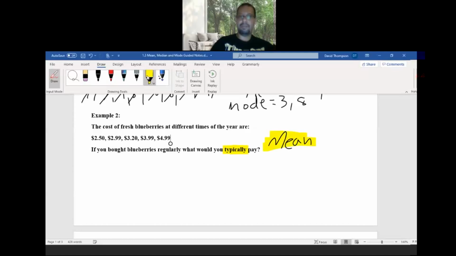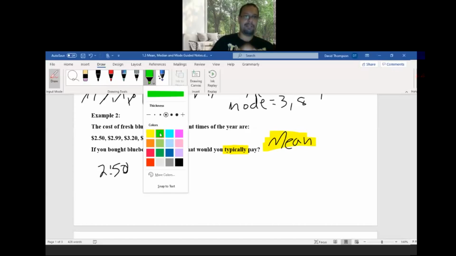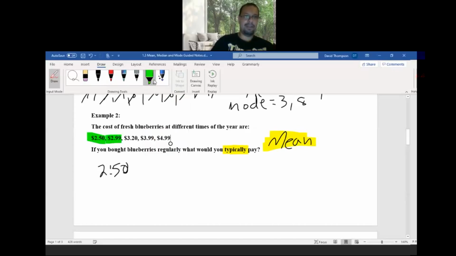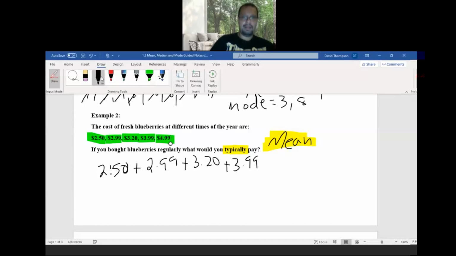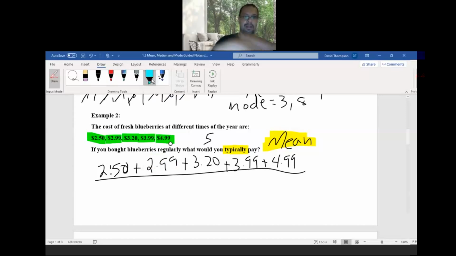So what we're going to do is add our numbers together: $2.50, $2.99, $3.20, $3.99, and $4.99. And we know that there are 5 numbers, so we're going to put a 5 at the bottom of our fraction.